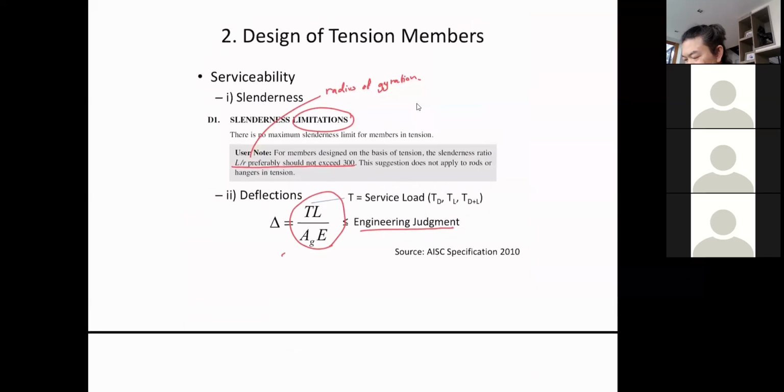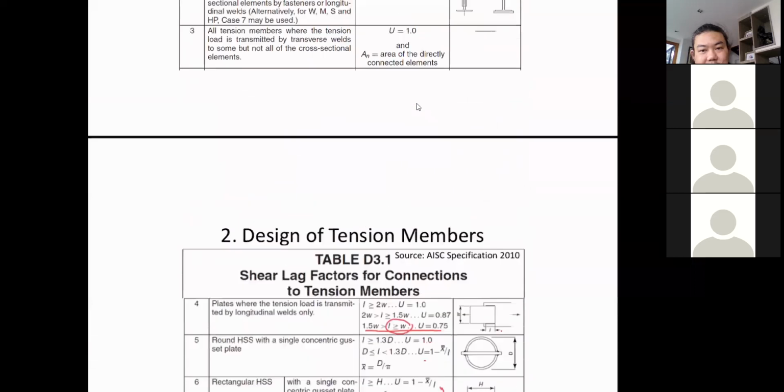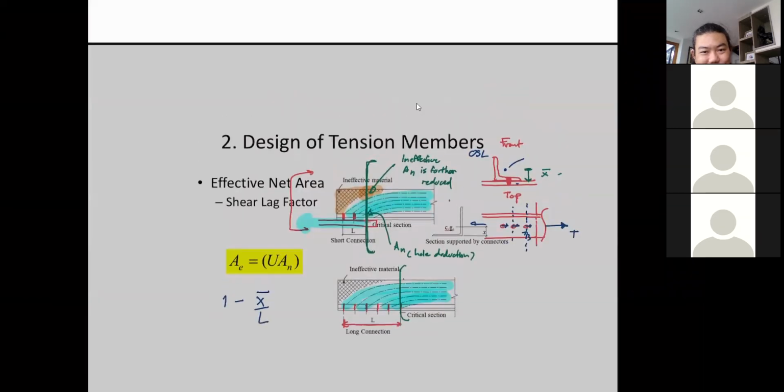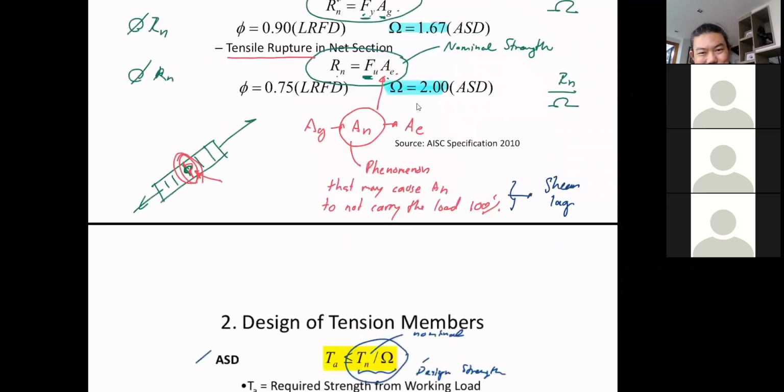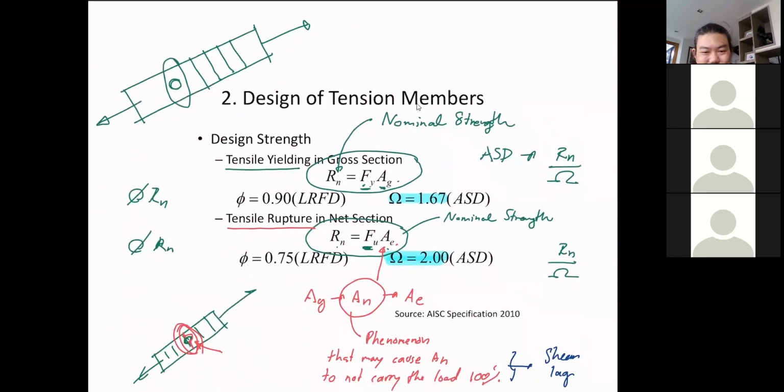Here, okay, from this page. It takes time. Okay, here we are. And remember, as engineers, you must know which number you have to use.